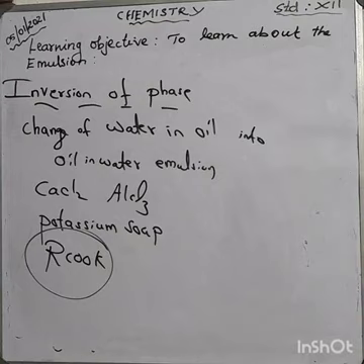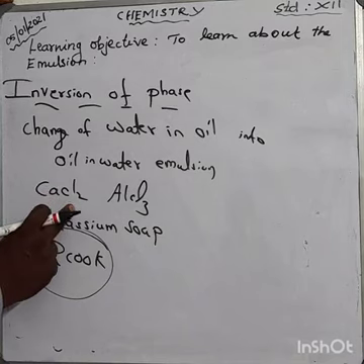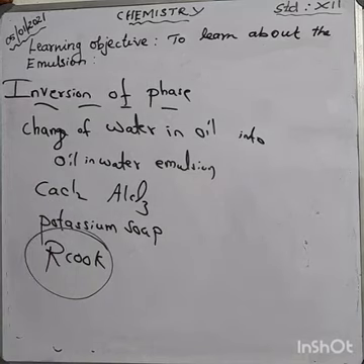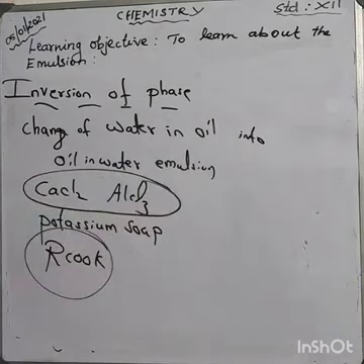Okay, here the oil in water emulsion containing potassium soap as emulsifying agent can be converted into water in oil emulsion by adding calcium chloride or aluminum chloride.